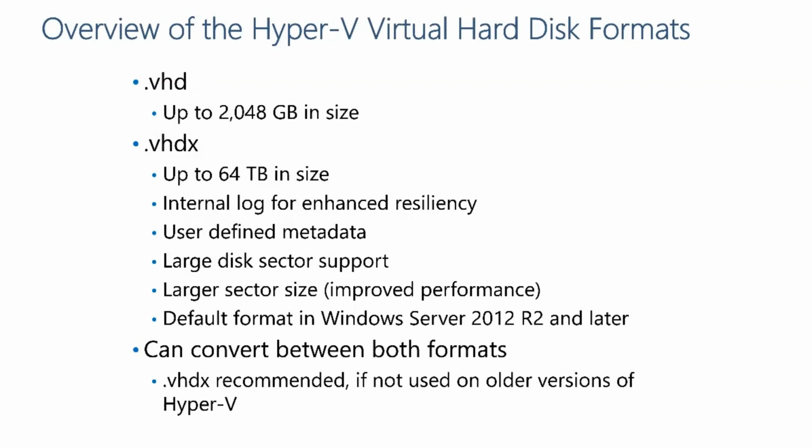The .VHDX is the newer type and the VHD is the older type. The older type can be about 2 terabytes in size, but the newer type is 64 terabytes.